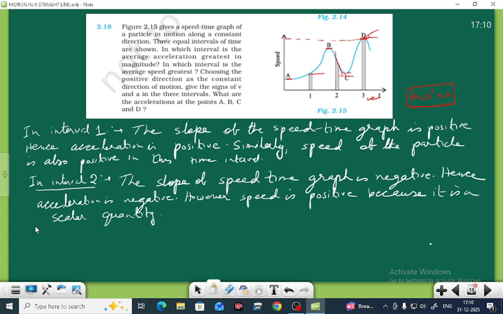In interval 3, the slope of the speed time graph is 0.